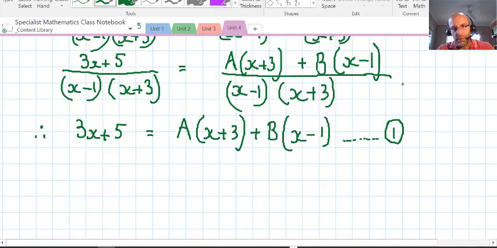We would have some problems here because some values of x on this line back here are not valid. So x cannot equal 1 and negative 3. But on this line, that's true for all real values of x.